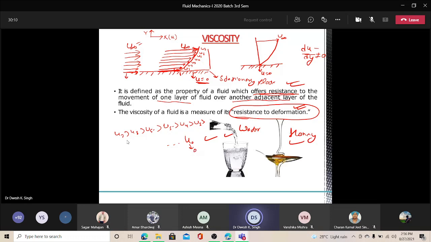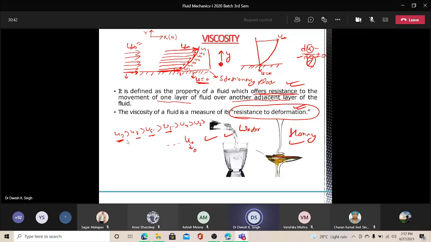So there is a variation in u in the direction of y. That is the gradient, and due to this imbalance in the motion, what happens?